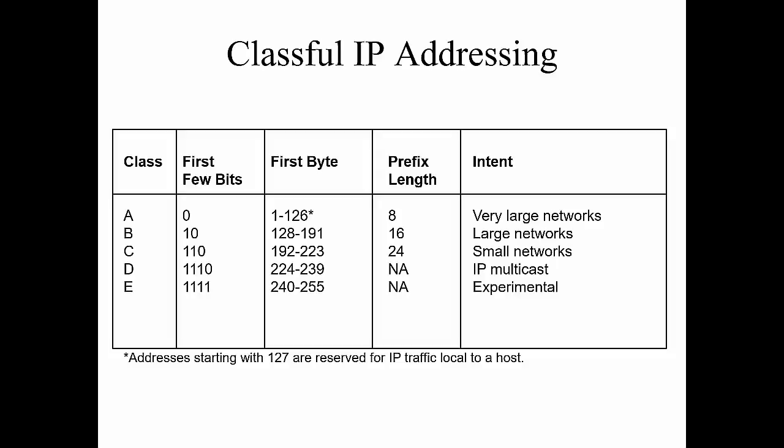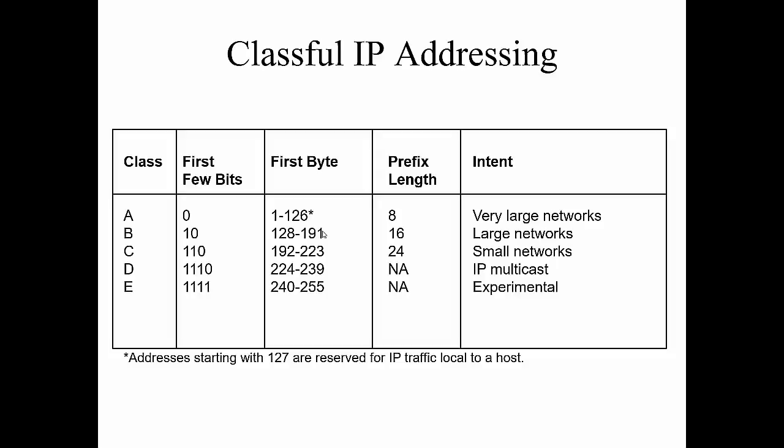Class C is going to be anywhere between 192 and 223, and those are smaller networks. Again, these are the predefined lengths here. So that's going to be a /8, /16, or a /24. With classful addressing, you couldn't modify them. You were stuck with those.